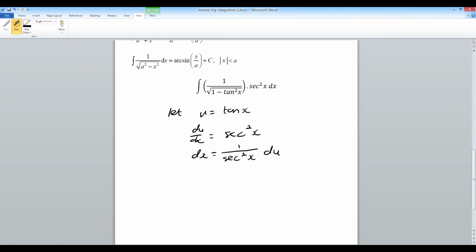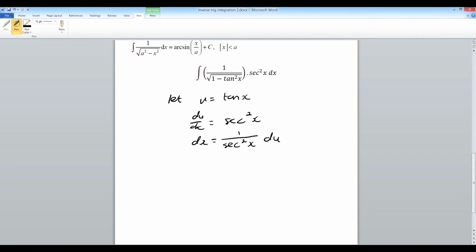Now if I want to rewrite my integral, I can rewrite it. So I'm going to say the integral of 1 over the root of 1 minus, and of course now instead of tan I'm just going to immediately say u. So tan x is u, so tan squared of x will become u squared multiplied with, so I can still have this one here, secant squared of x.